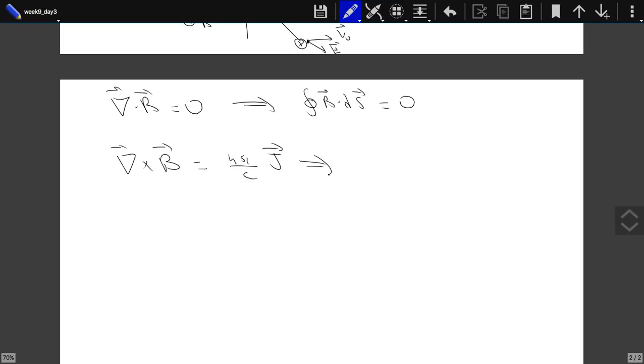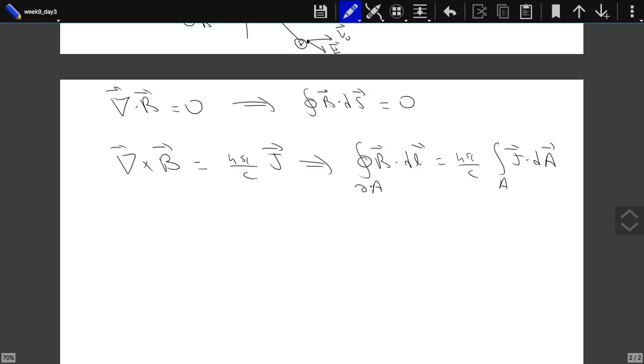This seems to be the analog of Gauss' law in electrostatics, in the sense that this would allow us to obtain the magnetic induction, at least in simple systems, by just using simple symmetry arguments. So this would just correspond to B dot dl equal to 4 pi over C times J dot dA over an area, and this is the boundary of the area.